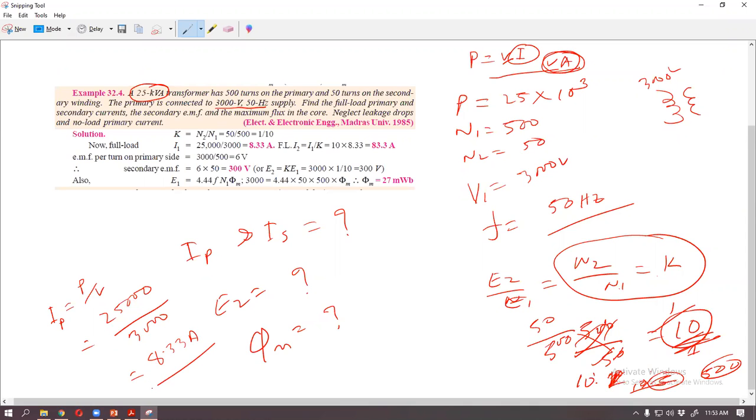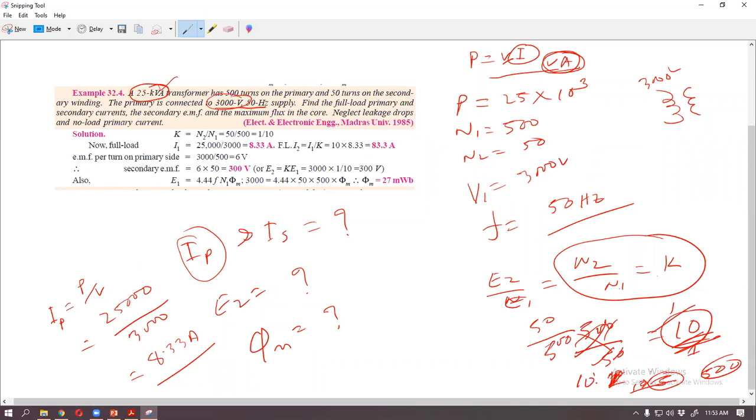Yes, this is the primary current, because the primary and secondary power are the same. Primary current is equal to the power by voltage.